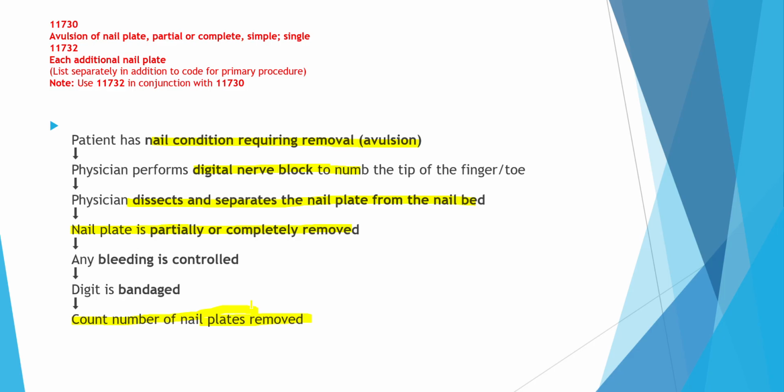For example, if the patient presents with a nail condition which requires removal of five nail plates, in that case, you will report 11730, which is the parent code, one time, and for the remaining 4 nail plate removals, you will code 11732 times 4. Okay, parent code and child code. So you need to report the primary code with the additional code. You will not report the additional code alone.